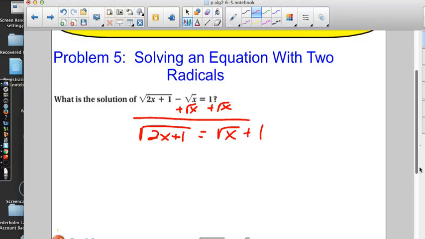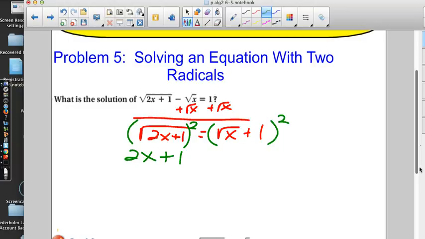Like so. Our focus is still on that more difficult one, square root of 2x plus 1. I want to get rid of that radical. What should I do? Square both sides, which is such a great idea over here because when you square this, you get 2x plus 1. Woohoo!